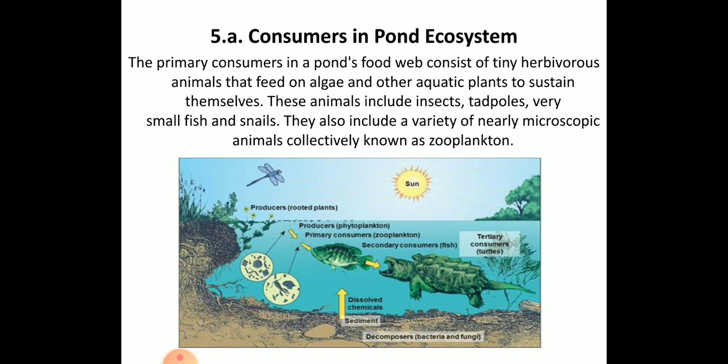Secondary consumers will be the small fishes which feed on those smaller insects. And the tertiary consumers will be the larger animals, maybe a larger fish, a tortoise or a crocodile. When it is considered a pond, you will have larger fishes and some reptiles like snakes, which come under tertiary consumers. This is how the consumers of a pond ecosystem are arranged.